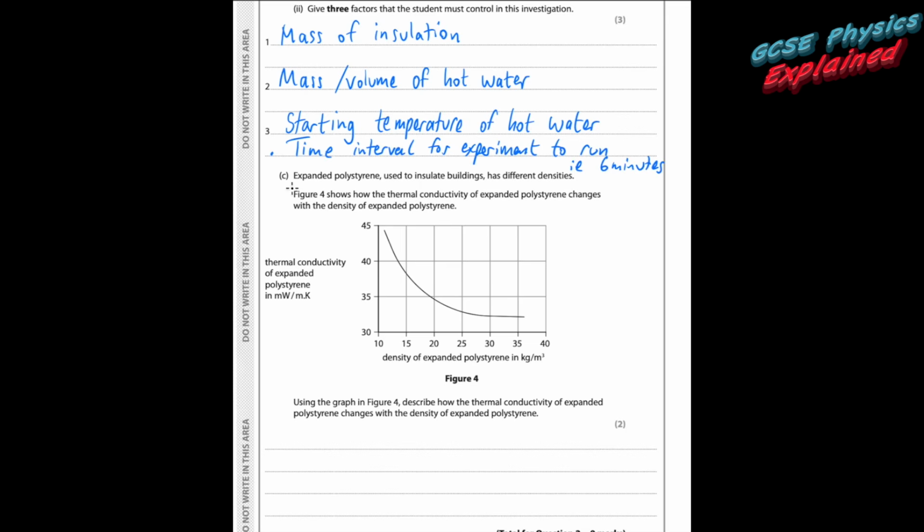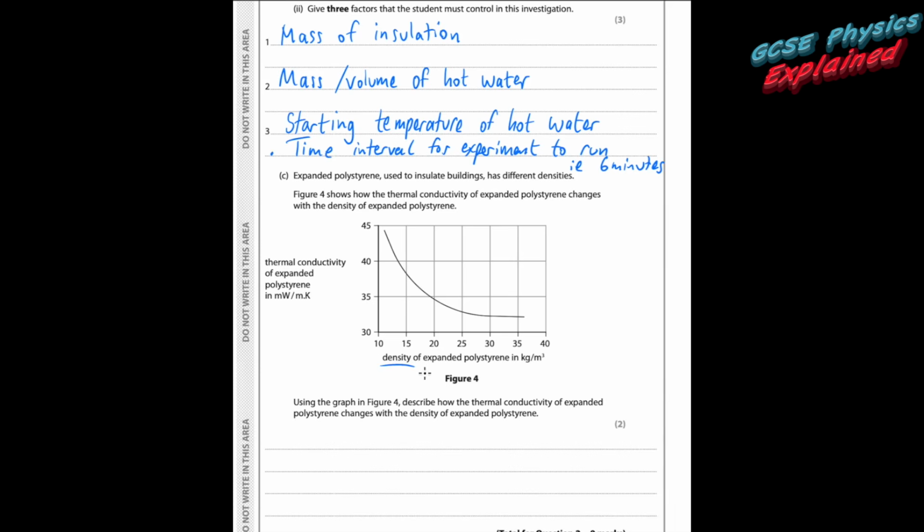Part C. Expanded polystyrene used to insulate buildings has different densities. Figure 4 shows how the thermal conductivity of expanded polystyrene changes with the density of expanded polystyrene. Using the graph in figure 4, describe how the thermal conductivity of expanded polystyrene changes with the density of expanded polystyrene.